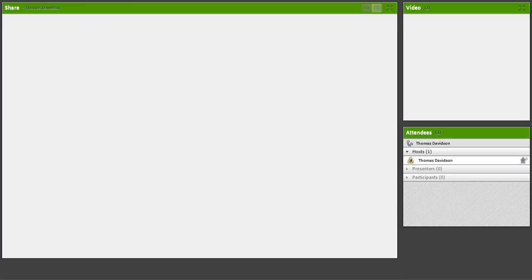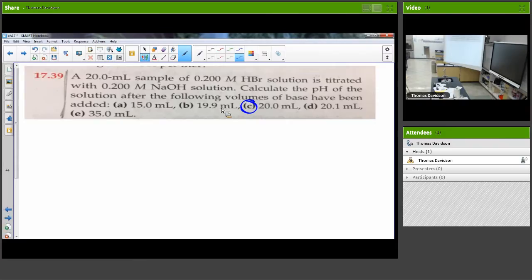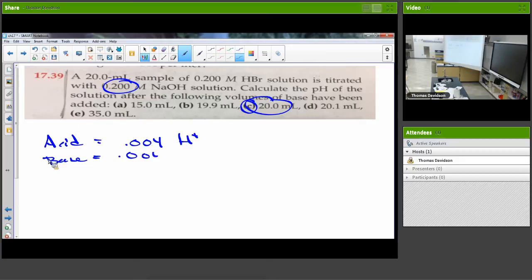Part C was asked. Part C is actually the easiest, but that's okay. Do you remember we had, for acid, we had 0.004 to start with? When we do the math with 20 milliliters times 0.2 base, we end up with 0.004 OH minus.